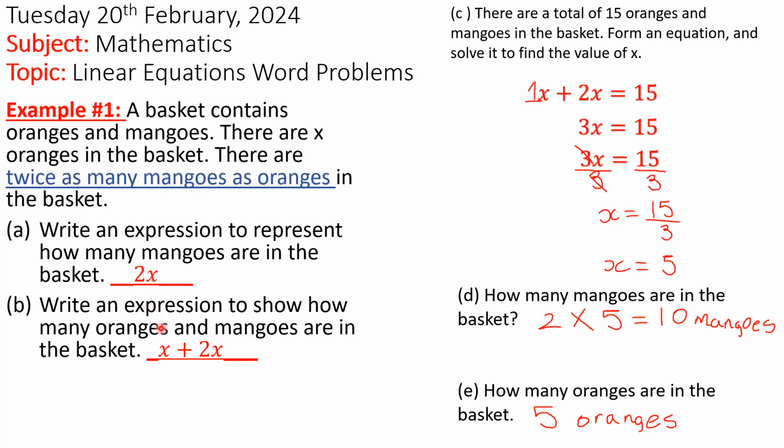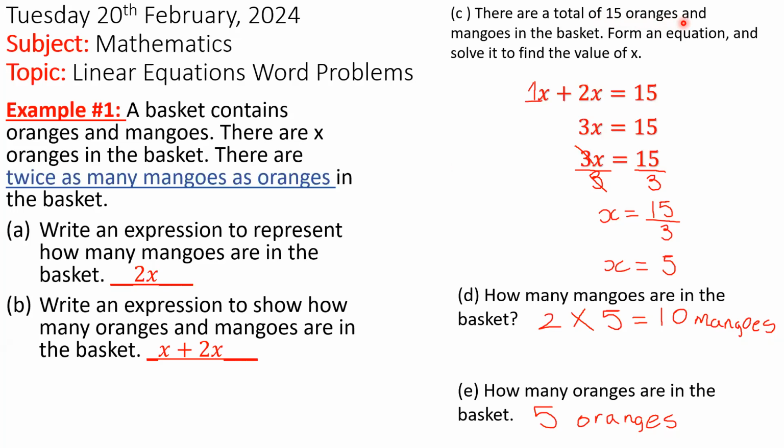Then B, write an expression to show how many oranges and mangoes are in the basket. There are X oranges, so X plus 2X would be the expression. Very good. Then C, there are a total of 15 oranges and mangoes in the basket. Form the equation and solve it to find the value of X.